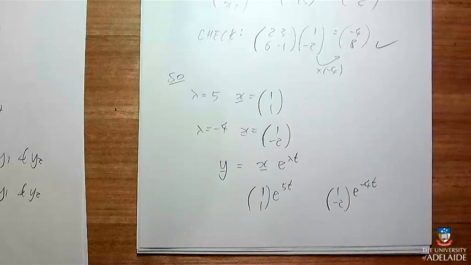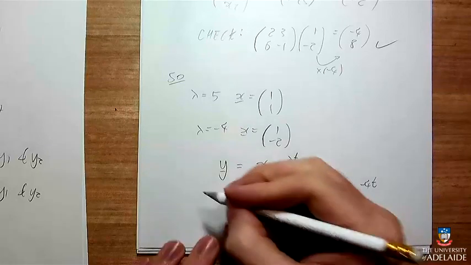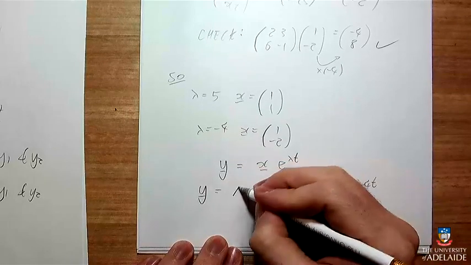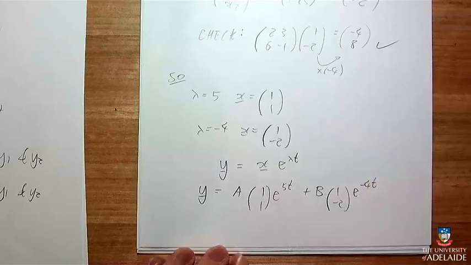Well, the theory of differential equations says that my solutions ought to form a subspace, and so I should be able to do any linear combination. I think they call it the superposition principle, but it's a fancy word for just, my answers should be the linear combinations of those. So my y is going to be something times this plus something times this.